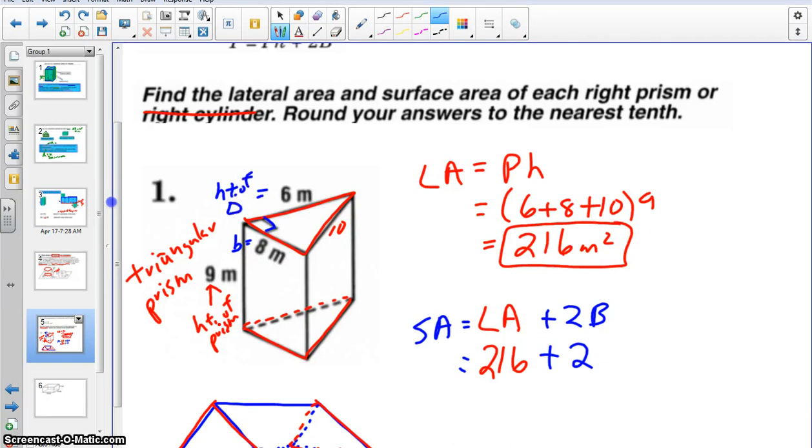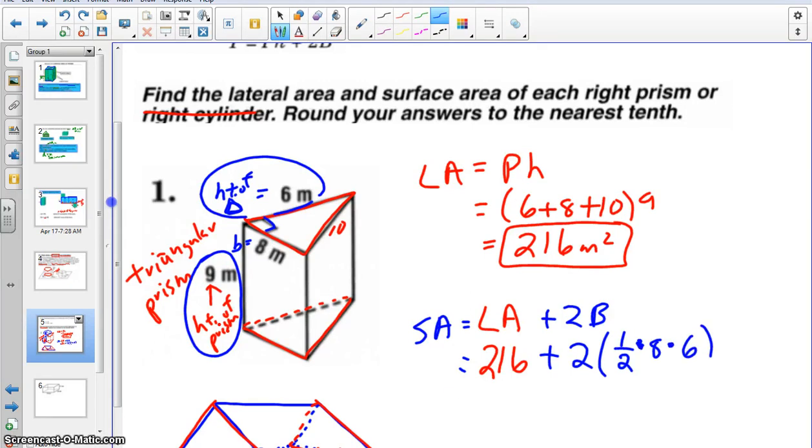So we have the base is 8 and the height of the triangle is 6. Please notice though there is a difference between the height of the base, which we have here is 6, and the height of the prism, which would be 9. Okay. So going back to our formula here, we have 2 times the area of the base, so we have 1/2 times 8 times 6, and that would give us 264 meters squared.